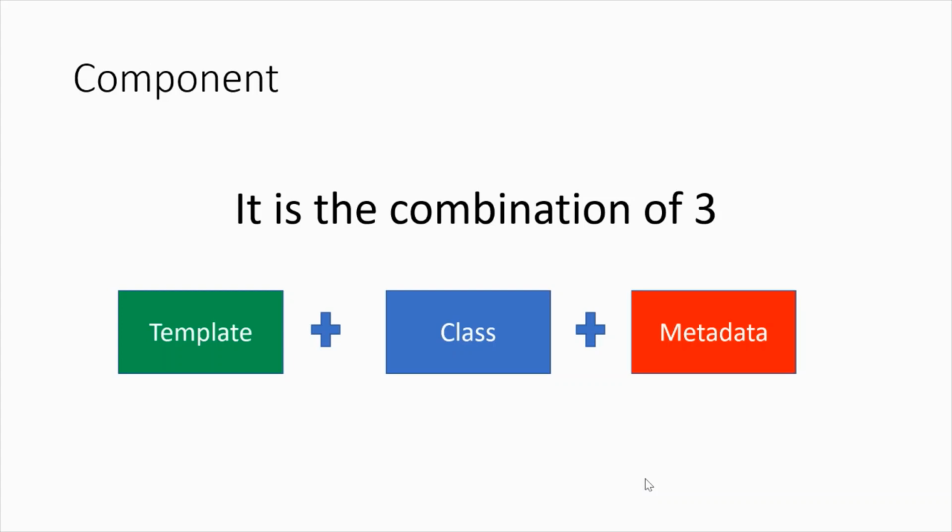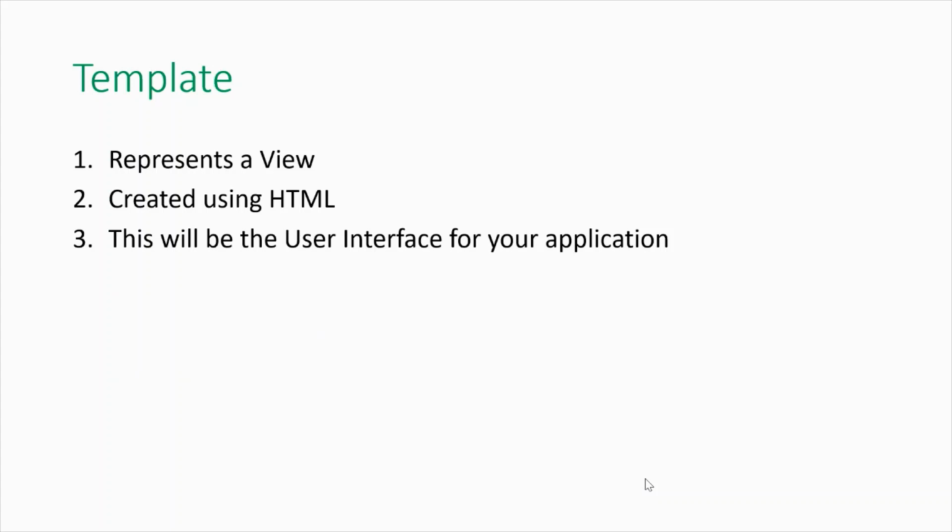So what is a template? A template is basically a view. It represents a view that a user can see. That view is created by using HTML, hypertext markup language. This view defines the user interface for your application.